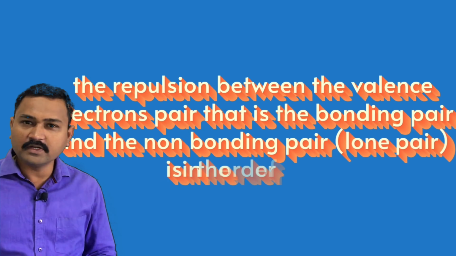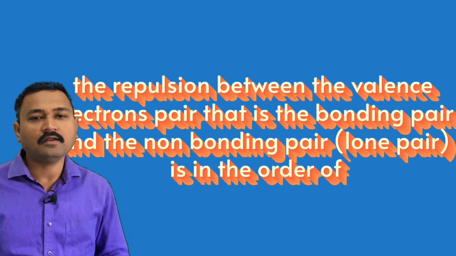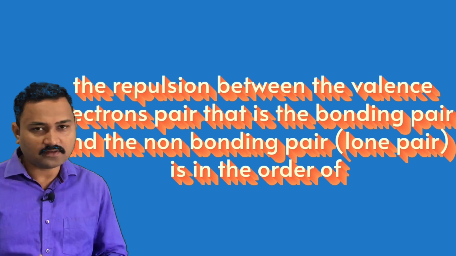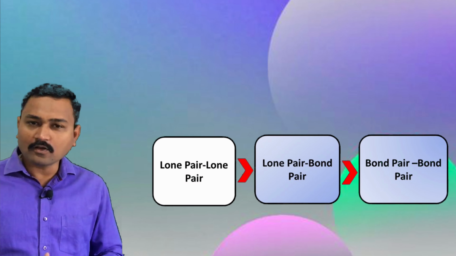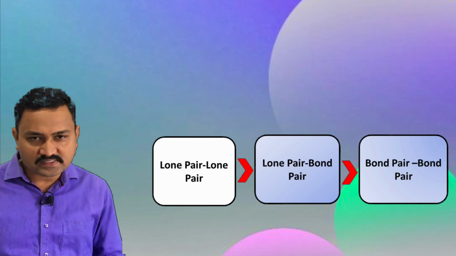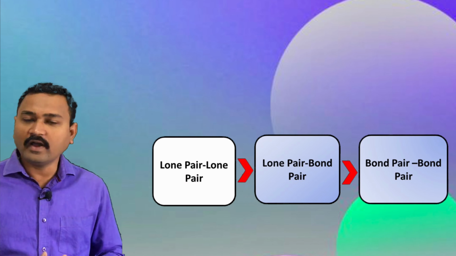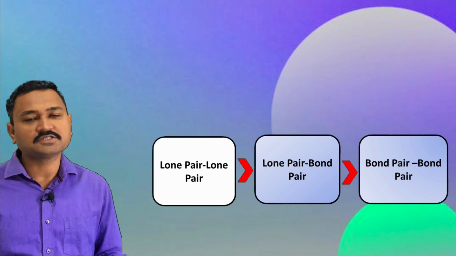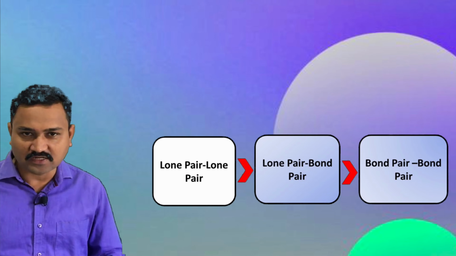The repulsion between the valence electron pairs, that is the bonding pair and the non-bonding pair, that is the lone pair, is in the following order. Here the lone pair-lone pair repulsion is always greater than the lone pair-bond pair repulsion, while the lone pair-bond pair repulsion is always greater than the bond pair-bond pair repulsion.